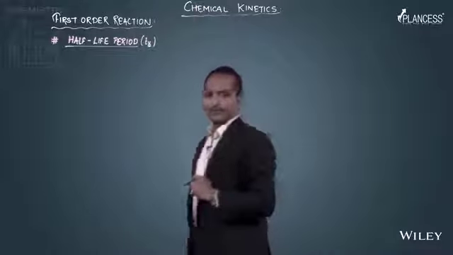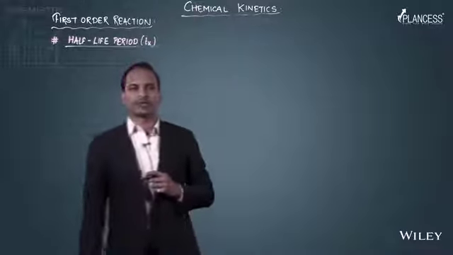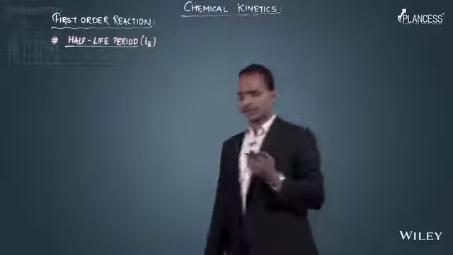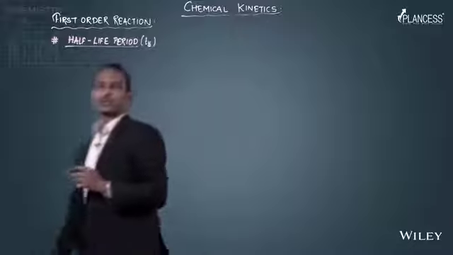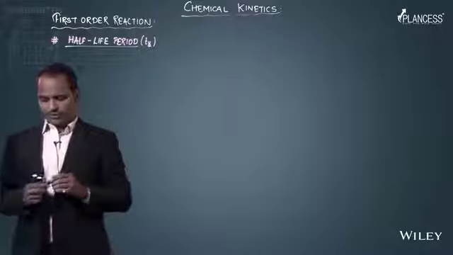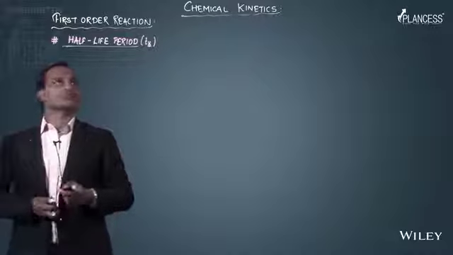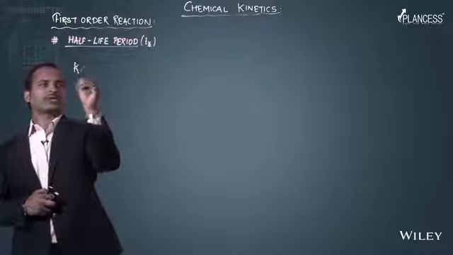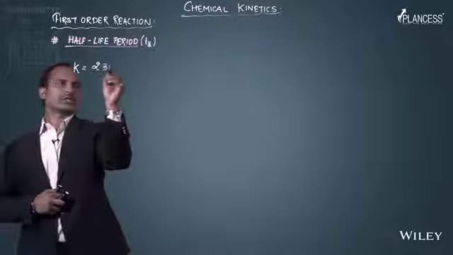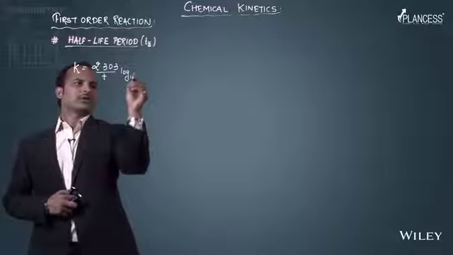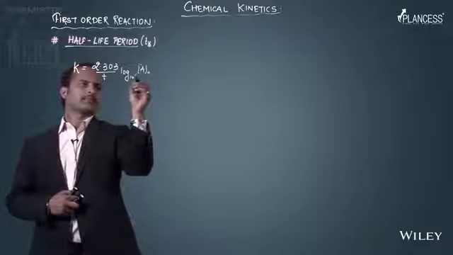Again, the half-life period means the time required for the reactant concentration to reduce to half of its initial amount. So for the first order reaction, we have a formula for k. That formula is k is equal to 2.303 upon t log to the base 10 A naught upon At.